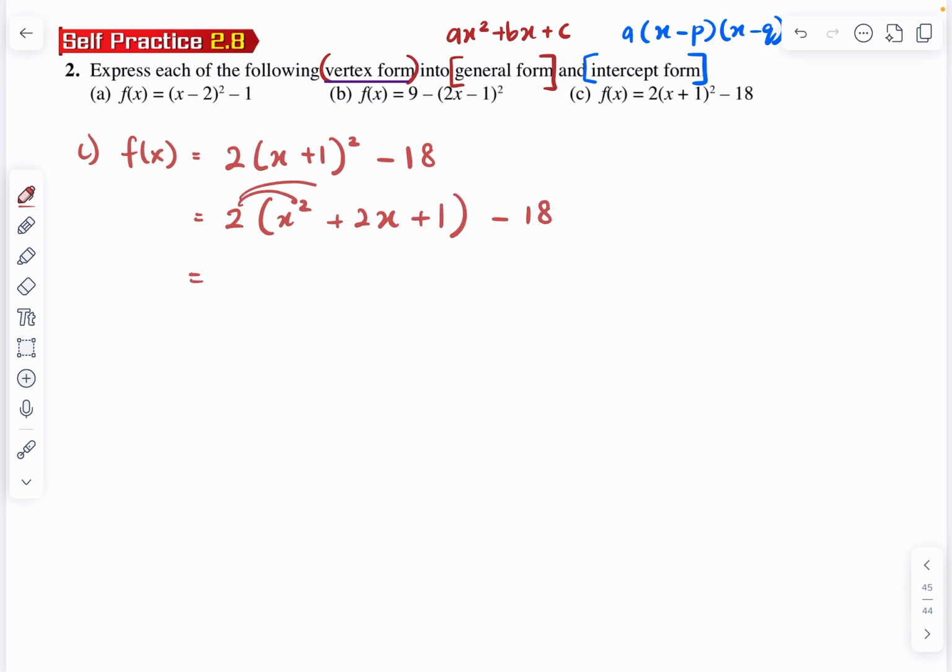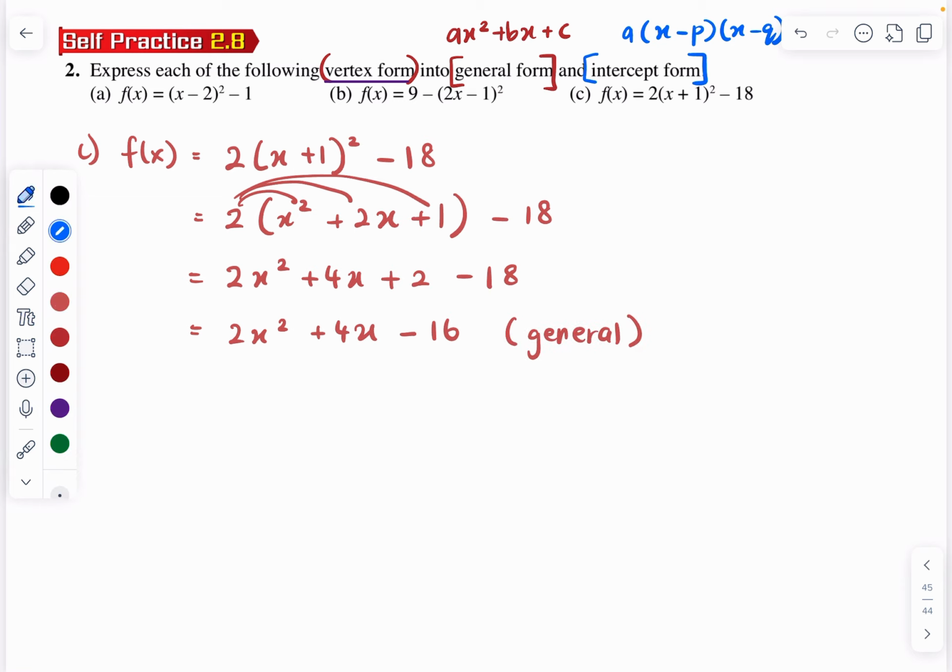We expand this, we get 2x² + 4x + 2 − 18. 2 minus 18 would be negative 16. This is our general form.